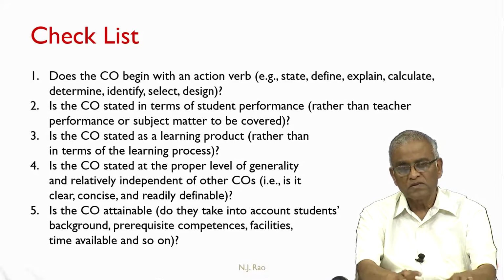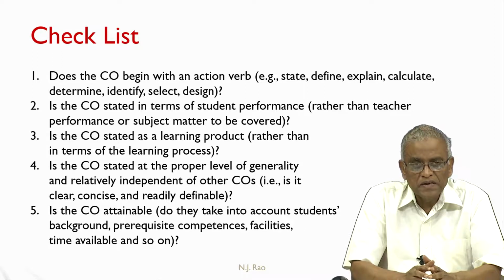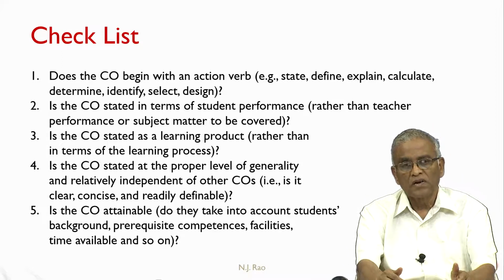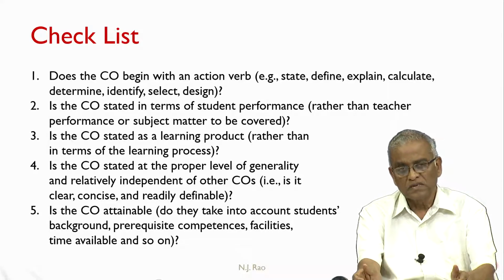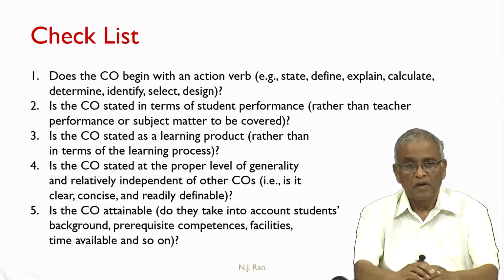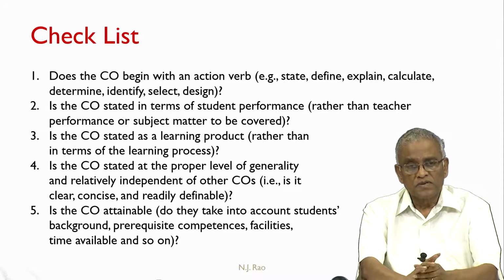But what exactly should the student be able to do? So the first part of the CO statement should be the learning product, and then if you want, you can state the learning process, which may get translated as a condition under which the learning product has to be produced. And this is part of do's and don'ts as well.